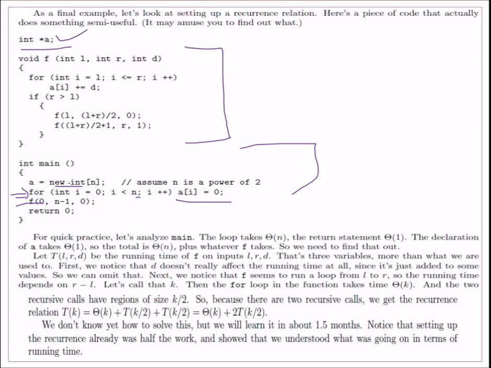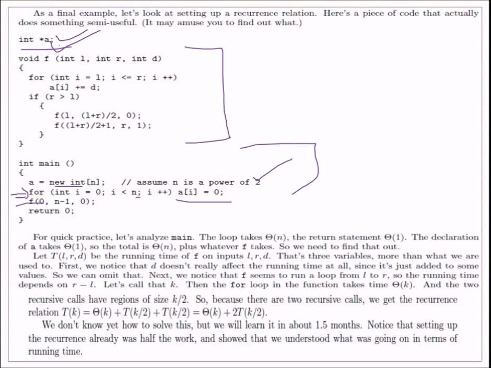The declaration of a, this is the declaration, this is the definition. So the declaration will take how much time? Order of 1, that is theta of 1. So the total will be theta of n.